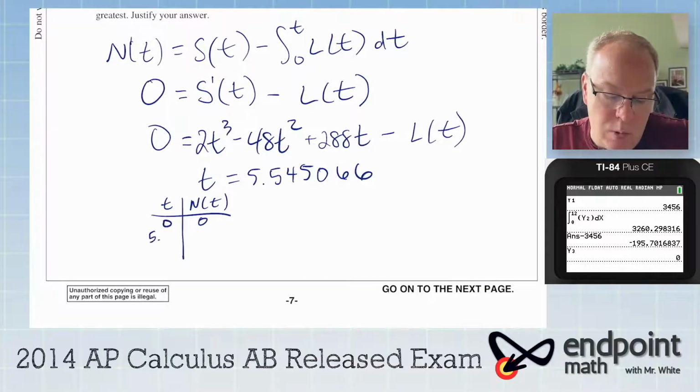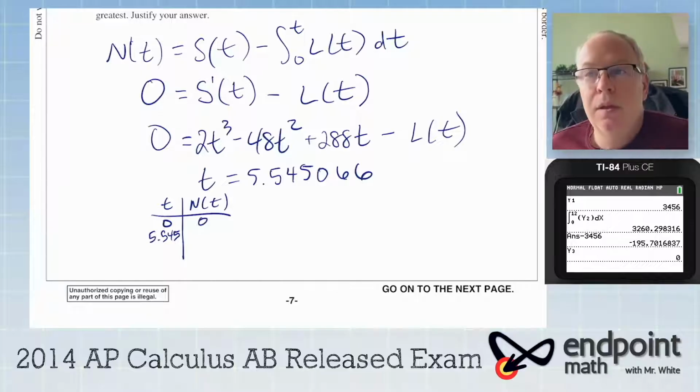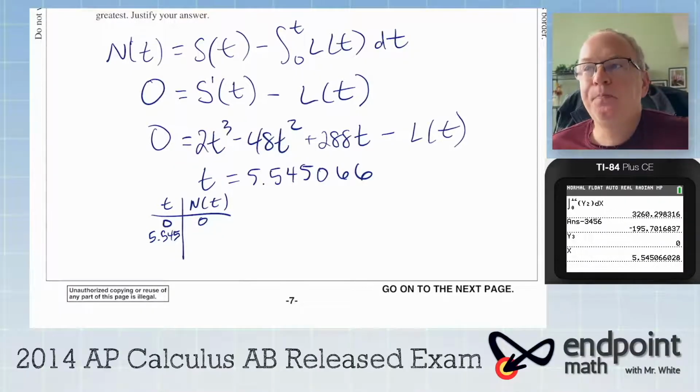After 5.545, we have to find n of t. We have to find n of t. So we're going to actually have to do some crazy stuff here. So here we go. x still holds that, right? Let me just double check. It should still hold that 5.5.